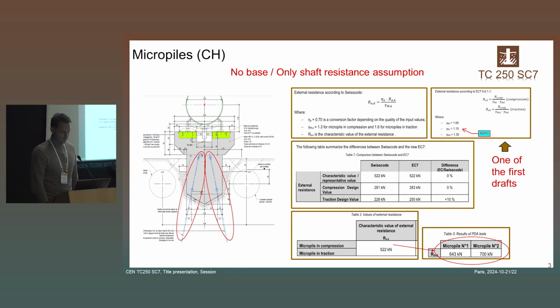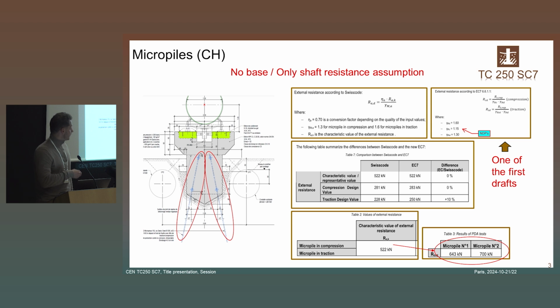The first thing you could see is the comparison of the design value that he obtained. In the Swiss code, it was obtained with this formula, and in the first draft of the Eurocode, it was obtained with the right one. Basically, it's a comparison of the partial factors that are the default in the code and what he was used to working with in Switzerland.